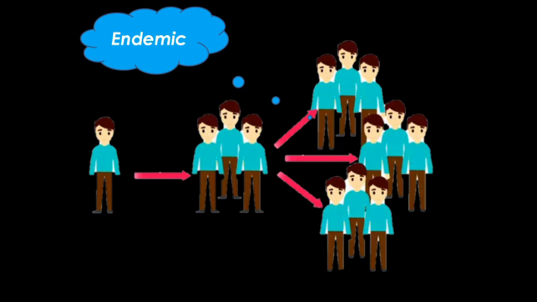These diseases are of usual or expected frequency within a specific population. Like chickenpox is endemic, that is in a steady state, in the United Kingdom, but malaria is not. Every year there are a few cases of malaria reported in the UK, but these do not lead to sustained transmission in the population due to the lack of a susceptible vector.